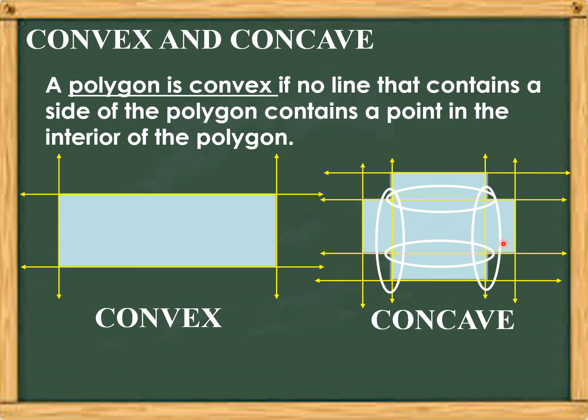That's why this is concave. Again, convex, ibig sabihin, if we're going to draw a line for each side of the polygon, kailangan walang tatama sa interior part ng ating polygon. Pag may tumama, under siya ng concave.